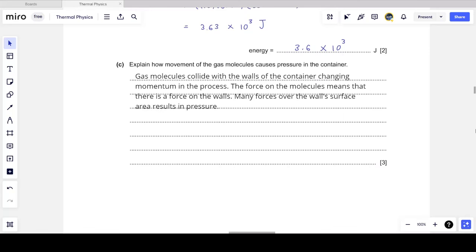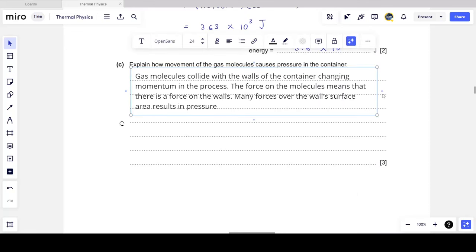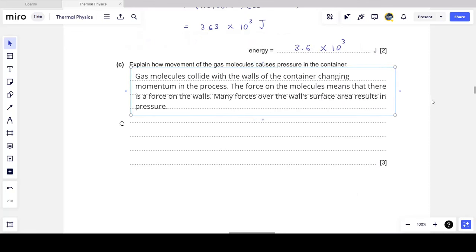Again, like I say, it's a common type of an exam problem. You need to understand how the kinetic theory relates to pressure. What is pressure when we think about things on the molecular scale? It's all well and good to measure pressure and to say this on a macroscopic scale, here's the pressure of the gas, but what is it actually telling us? It's basically telling us this. Molecules collide with the walls of the container and they change momentum. That means there's a force on them.